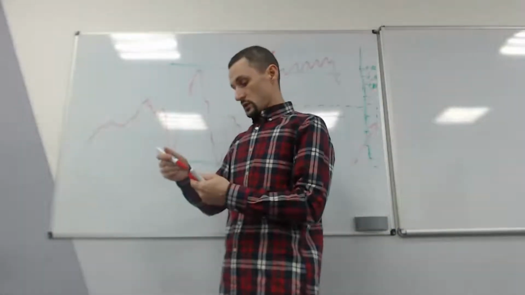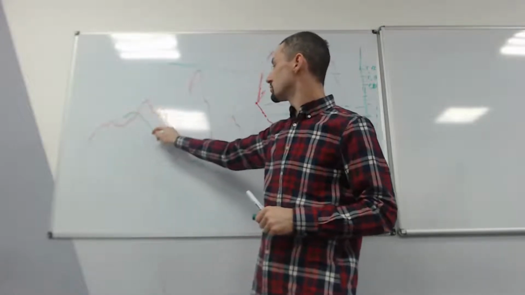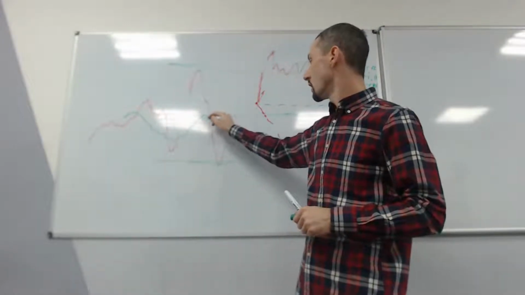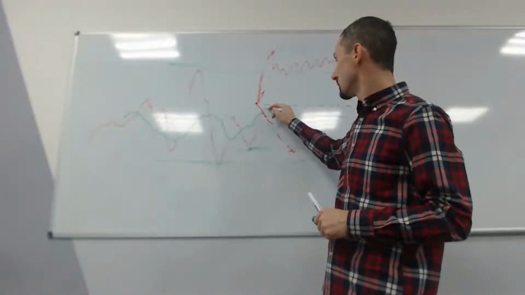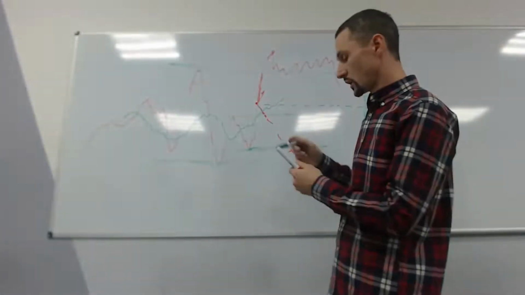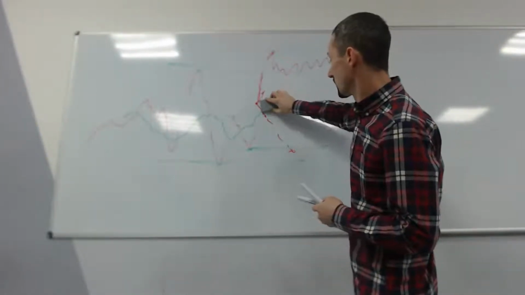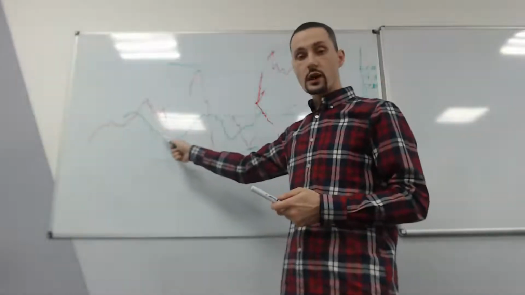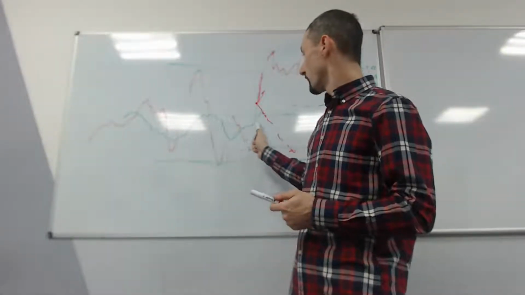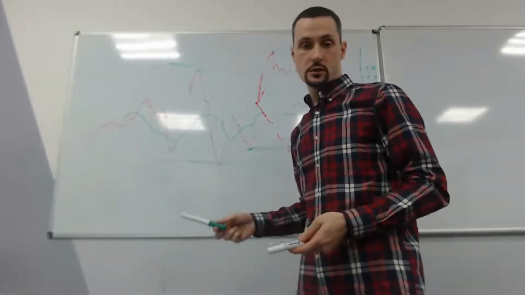It shows us the average movement of the price here. Well, in this point, something like that. It shows us where the average price is for some period of time.